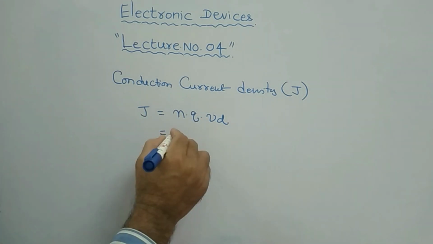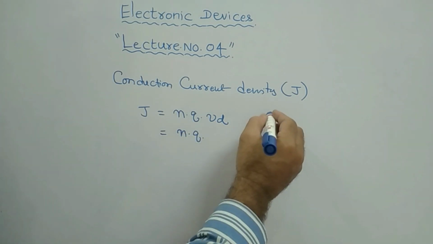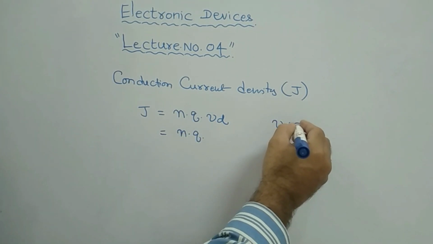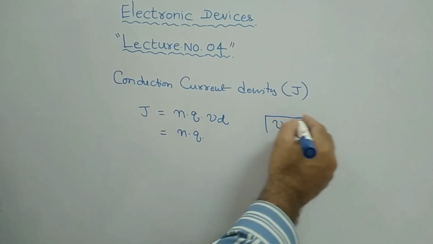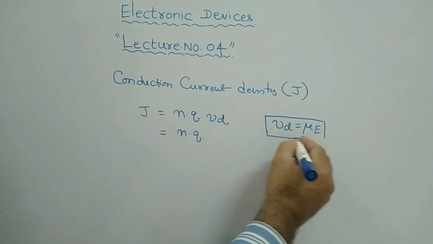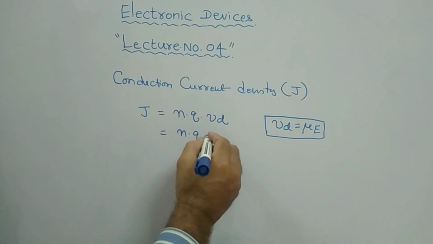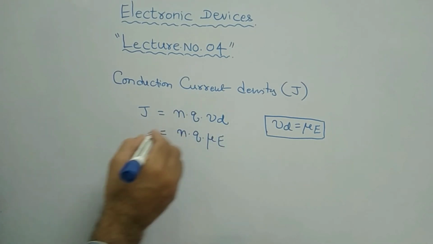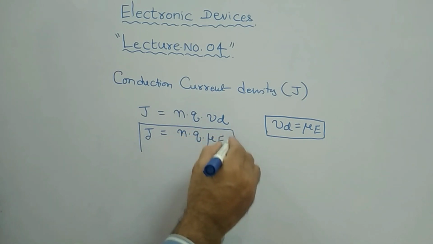We have seen that Vd is equal to mu into E. This relation you must remember. Therefore, substitute mu into E here. This is the general definition of a conduction current density.